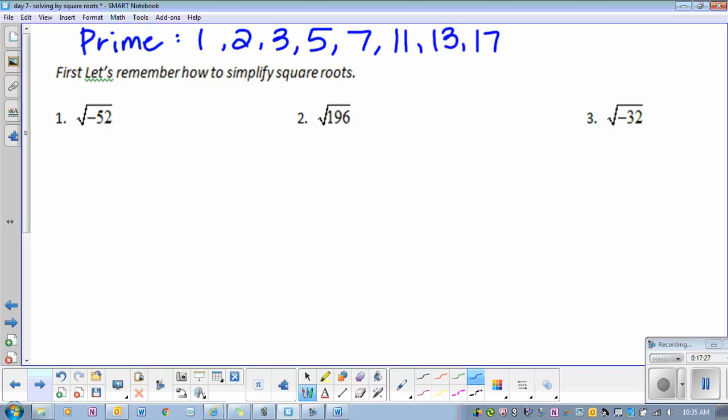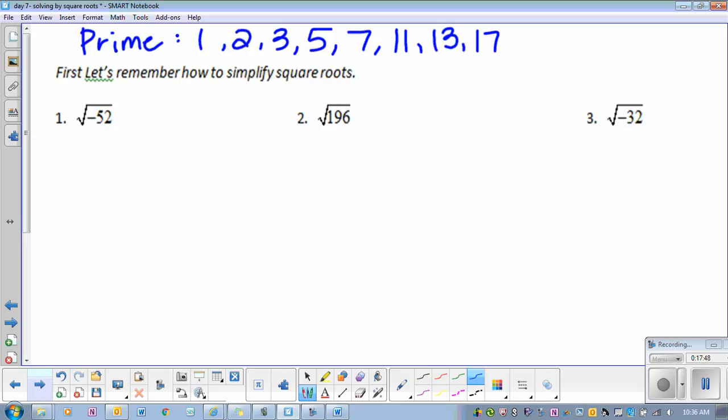The reason why I'm going over prime numbers is because when you simplify radicals, you're basically prime factoring. We're breaking down the numbers until they are all prime numbers and you can't break them down anymore.